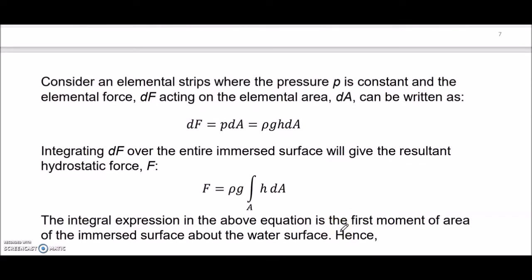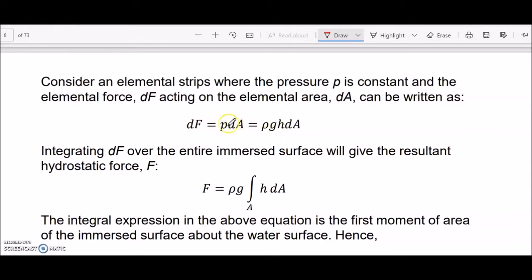Consider an elemental strip where the pressure P is constant and the elemental force delta F acts on the elemental area. So it can be written that the difference of force equals the pressure times the difference of area.